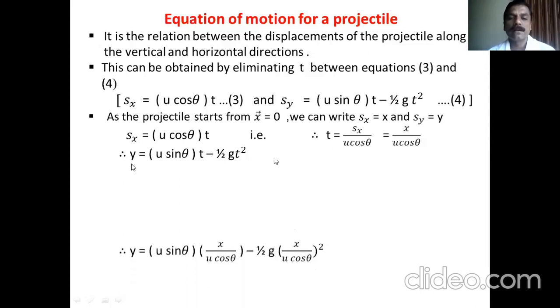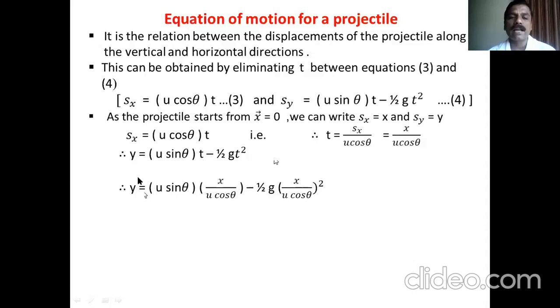The next step will become y is equal to u sin theta. We can put the value of small t as x divided by u cos theta, minus half into g, and here small t, the whole bracket squared, x divided by u cos theta.